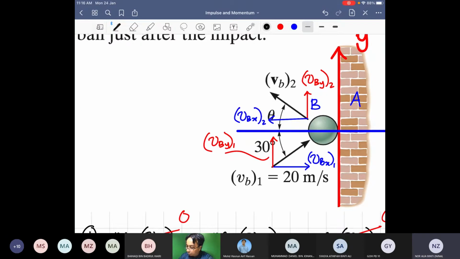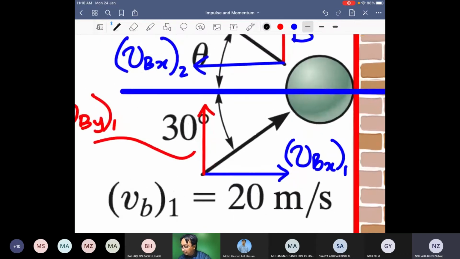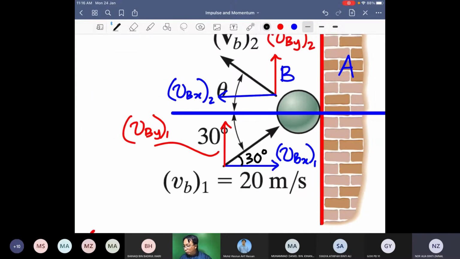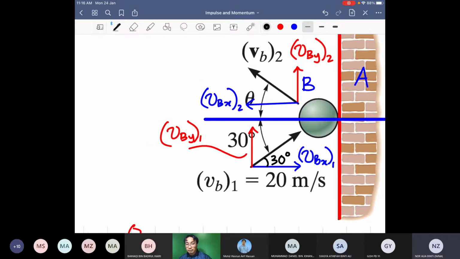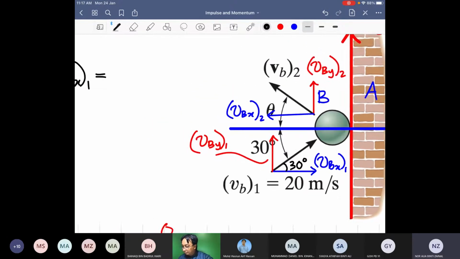Okay, so let's go to VBX1. VBX1 sama dengan VB1, dekat, dia ada bagi 30 degrees dekat situ, dia punya angle. So bawah ini pun akan jadi 30 degrees lah sebenarnya. Okay, so basically VBX1 ialah VB1 cos 30 degrees.